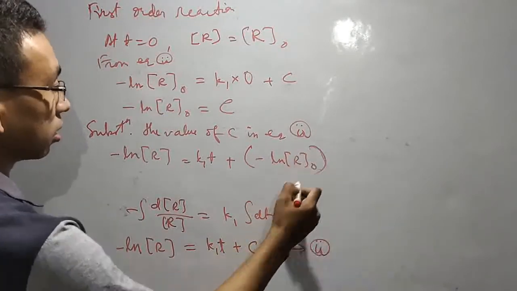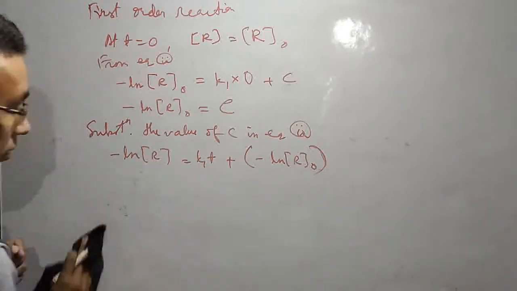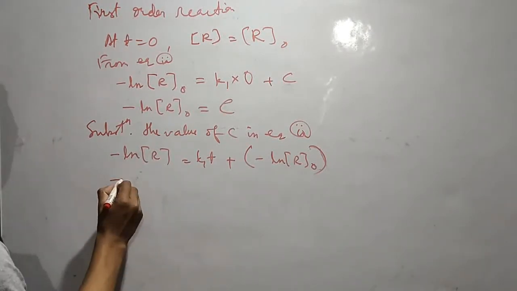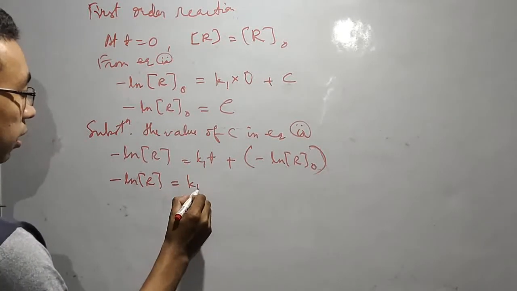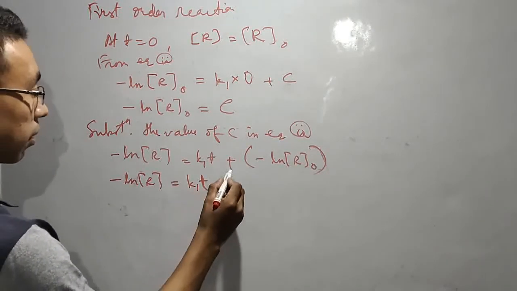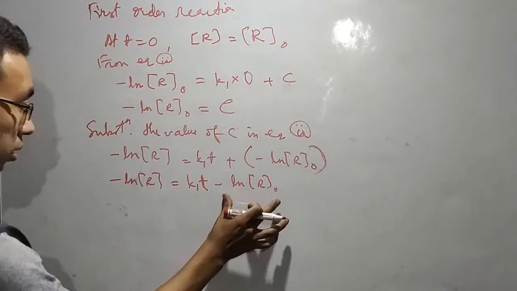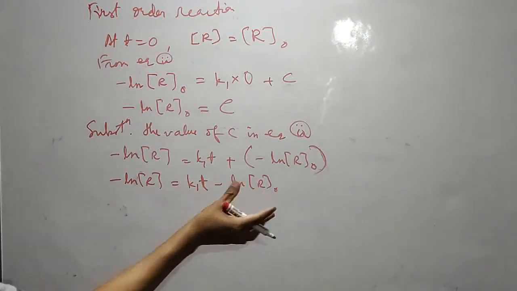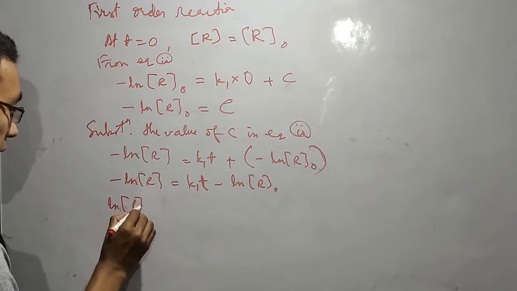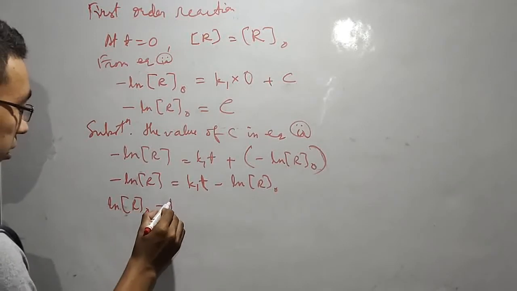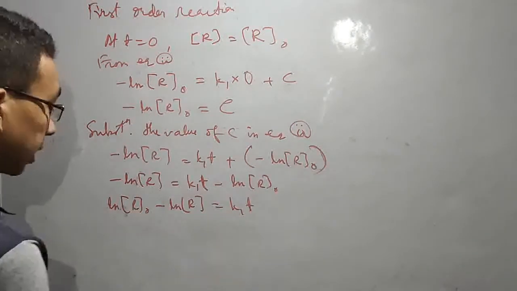Then the next step is minus ln R is equal to K1 t minus ln R naught. Now this minus ln R naught, you bring to this side, so it will become plus. So it will be ln R naught minus ln R is equal to K1 t.